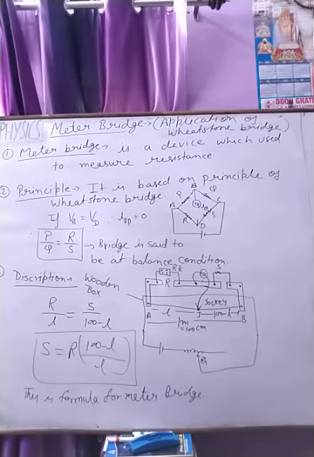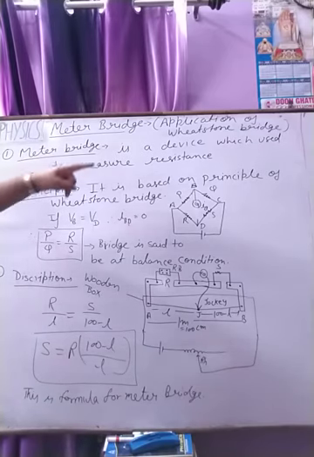Student, it is asked by the board as a 3 marks question, in which first you have to give the introduction about this bridge. So meter bridge is a device which measures resistance.